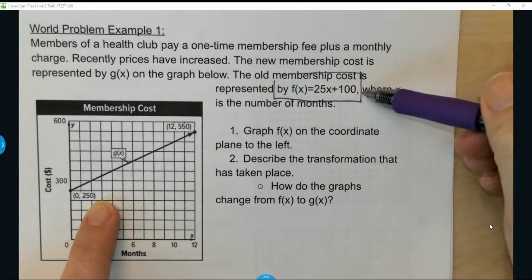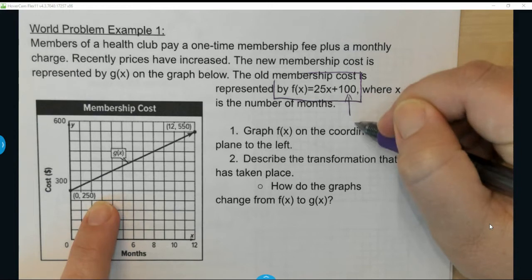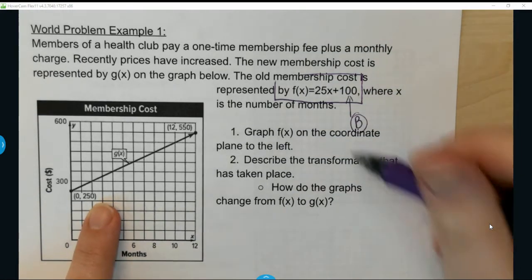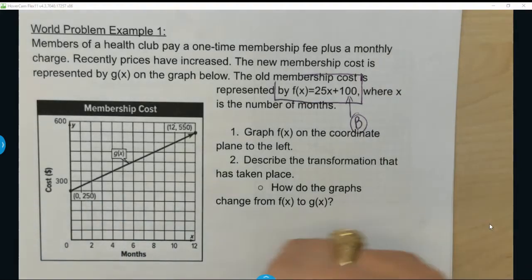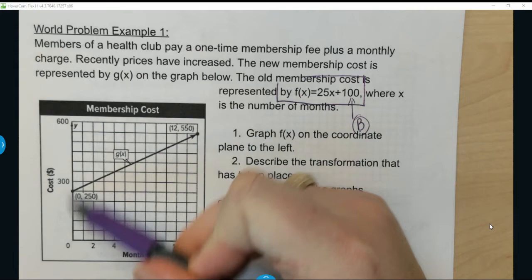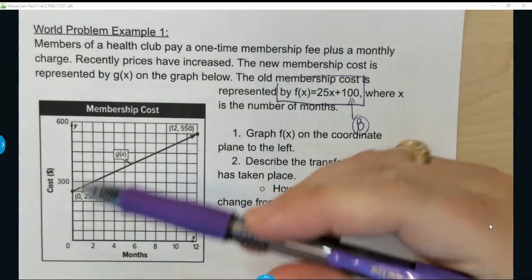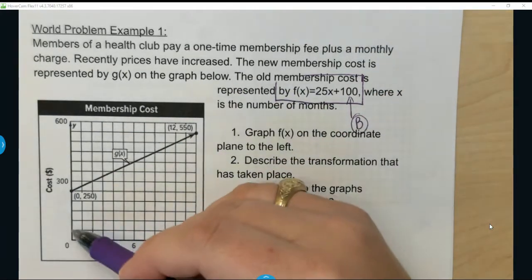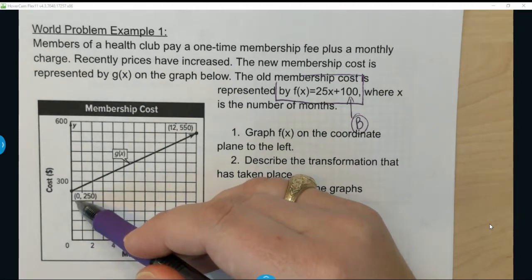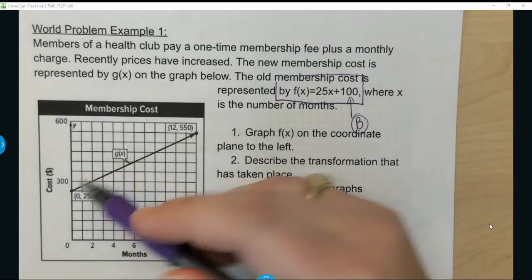So 25x plus 100. Well, I know this is my y-intercept because it's the constant, it's by itself. So since that's my y-intercept, I will go to 100 on the graph. And then when I first look at this graph, I notice the scaling is different. So it looks like it goes up by 50: 50, 100, 150, 200, 250, 300.